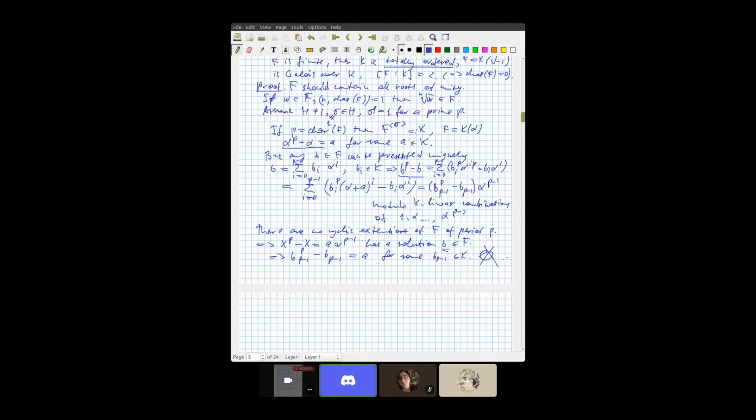So this means that if there is an element of prime order p, then p is not the characteristic.